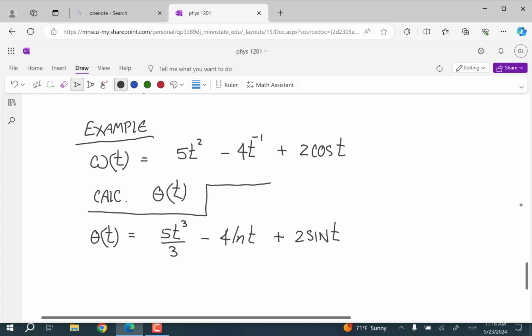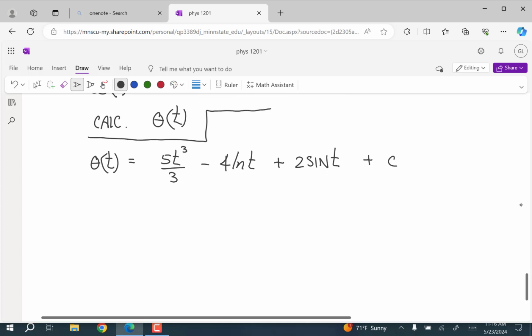And then don't forget your constant of integration. I'll go back to calling this c because we didn't have a c in it already. Okay, so just using those rules, you can go in the opposite direction of the derivatives for these relationships.